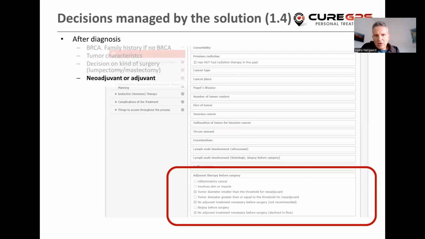Then finally, the tool also determines whether the tumor is big enough or otherwise risky enough to have medication before the surgery, so-called neoadjuvant treatment, or whether to operate right away and give the medication afterwards. That's the so-called adjuvant treatment.